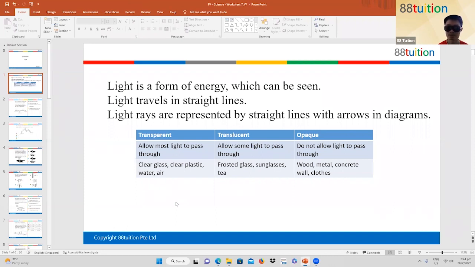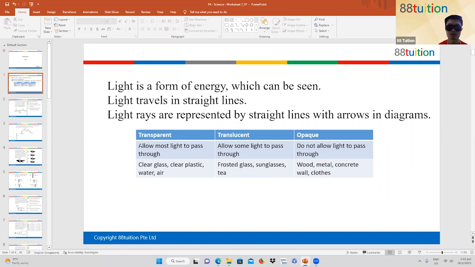But some objects reflect light in all directions, whereas some surfaces reflect light only in one general direction. So there are two different kinds of reflection that you need to learn. One is diffuse reflection and one is regular reflection.